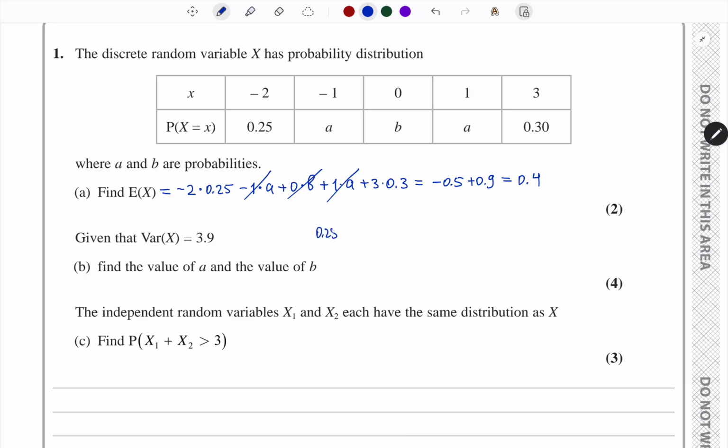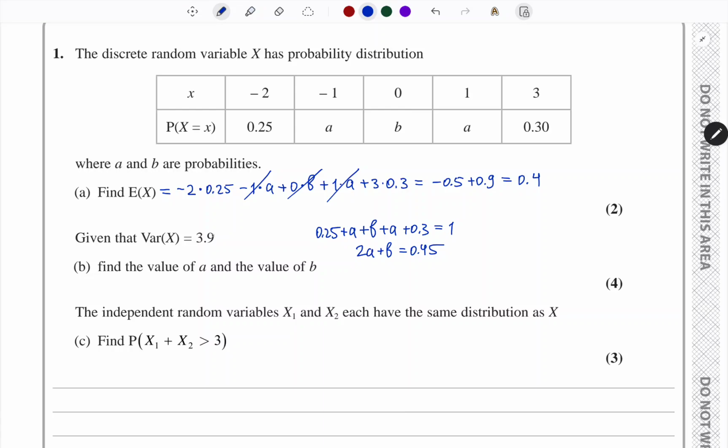So 0.25 plus a plus b plus a plus 0.3 must be equal to 1. So let's combine like terms. So 2a plus b is equal to 0.45, right? So it's the first equation.